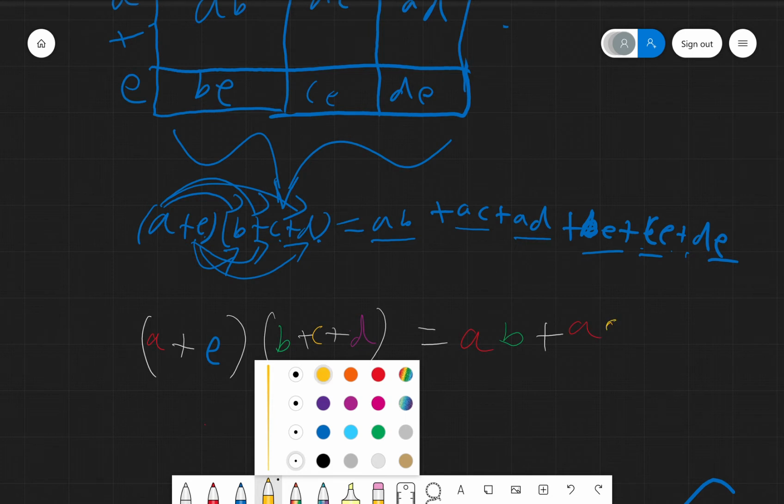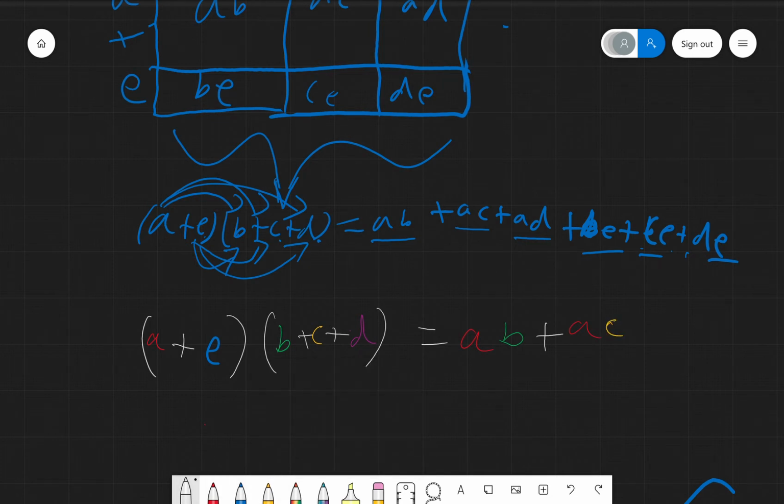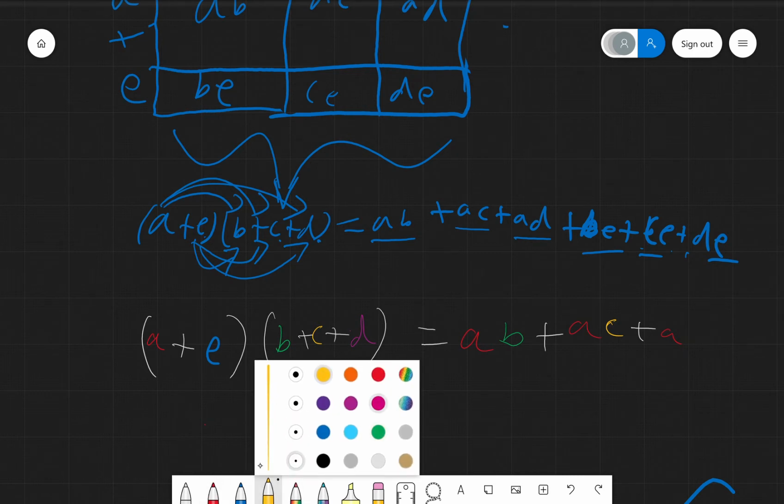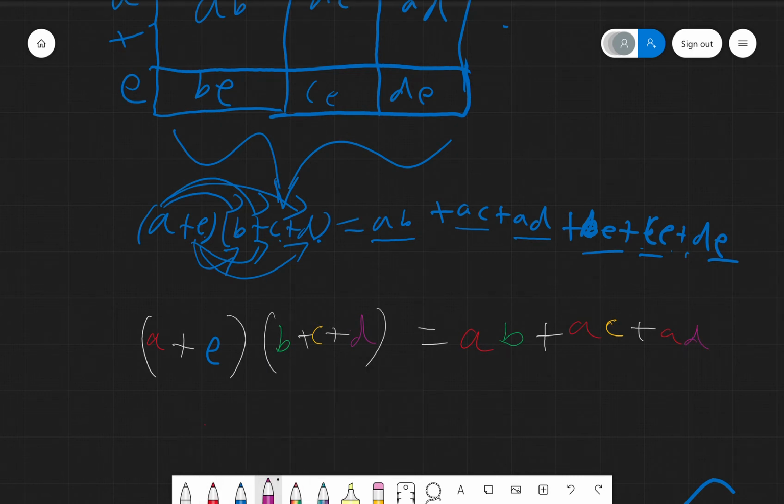AC plus AD, plus, now I'm going to do it on the next line, because I'm running out of space and you can see it better. Now the first one's going to be E times B. Wait, what am I doing? Okay, yeah. And another.